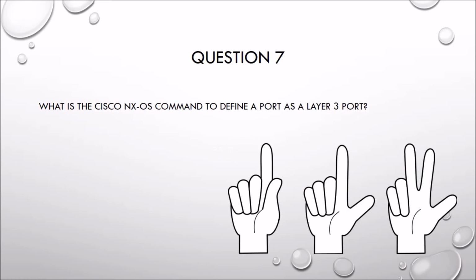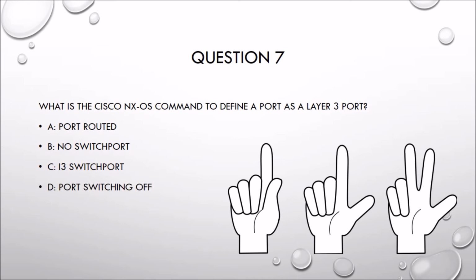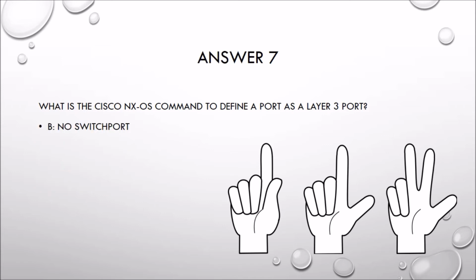Question 7. What is the Cisco Nexus command to define a port as a layer 3 port? Is it A, port routed, B, no switchport, C, l3 switchport, or is it D, port switching off? And the answer is B, no switchport.